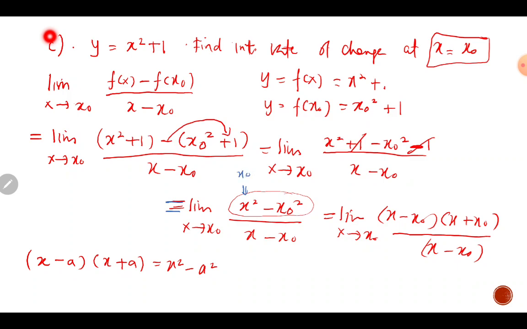So you see when you gantikan x with x naught, we're going to have x naught square minus x naught square. And down also we have x naught minus x naught. Kita dapat x naught square minus x naught square over x naught minus x naught. So we're going to get 0 over 0. We are not allowed to have such a thing.